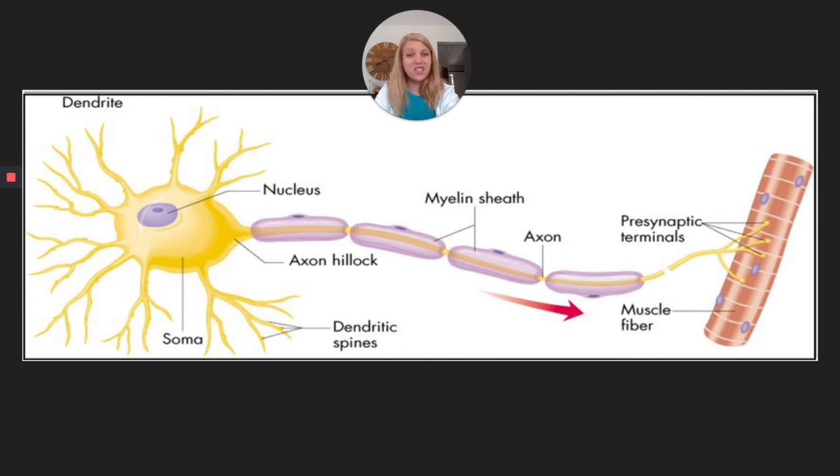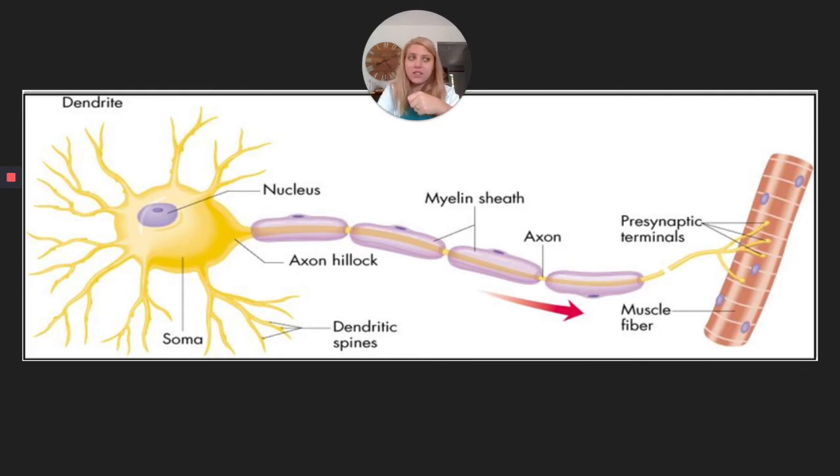Because the axon is rather fragile, and because I only have one singular axon and I have lots of dendrites, we want to make sure that that axon, which is going to then attach to that branching, that it's attaching to the muscle fiber or it is attaching to the dendrite of another neuron, it needs to be there, because if it's not, then this becomes a neuron that can no longer function. So we have it in this nice fatty tissue to insulate it, to protect it.